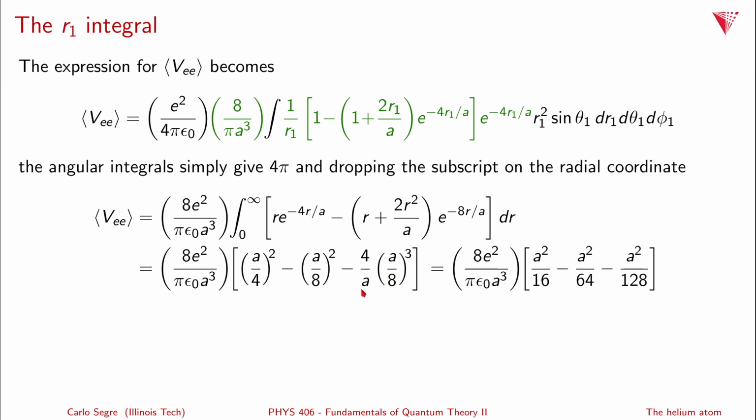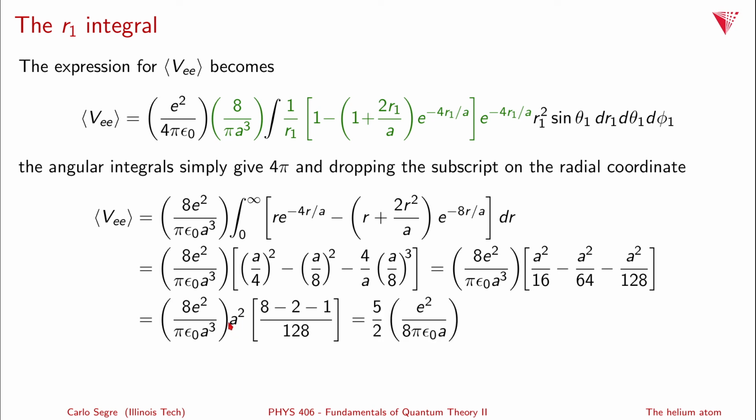Bringing all of these onto a common denominator, when I multiply them out, I get a squared over 16 minus a squared over 64 minus a squared over 128. Bring them all over a common denominator, and I get 8 minus 2 minus 1 over 128 times my prefactors out here, which are 8e squared over pi epsilon naught a cubed times a squared. The a cubed partially cancels, and I get 5 halves times e squared over 8 pi epsilon naught a.